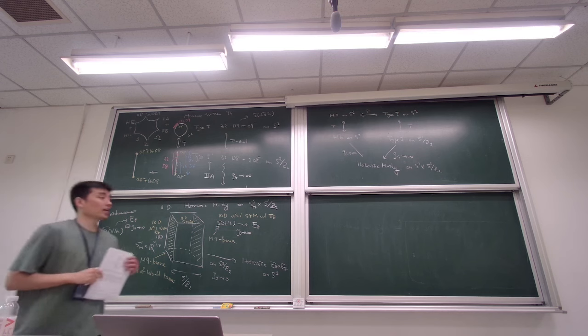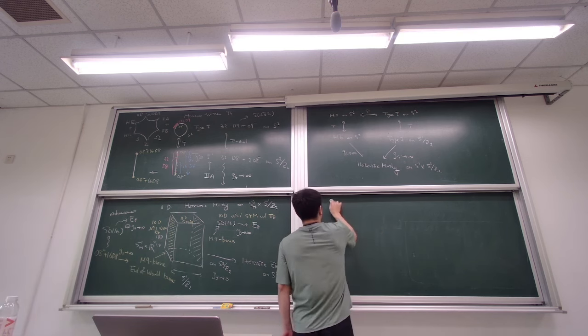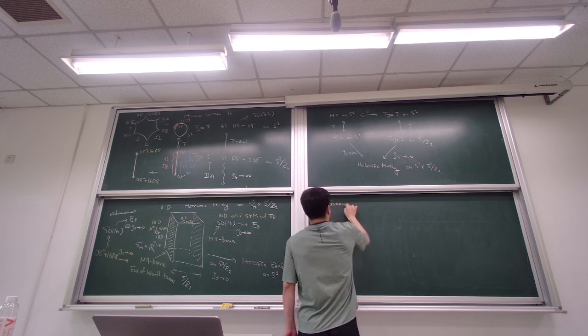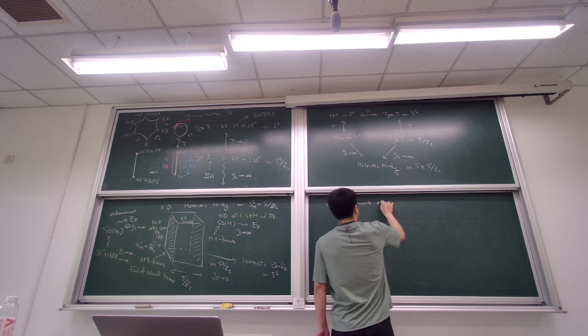But in our case, what we are going to consider is the so-called Green-Schwarz anomaly cancellation.